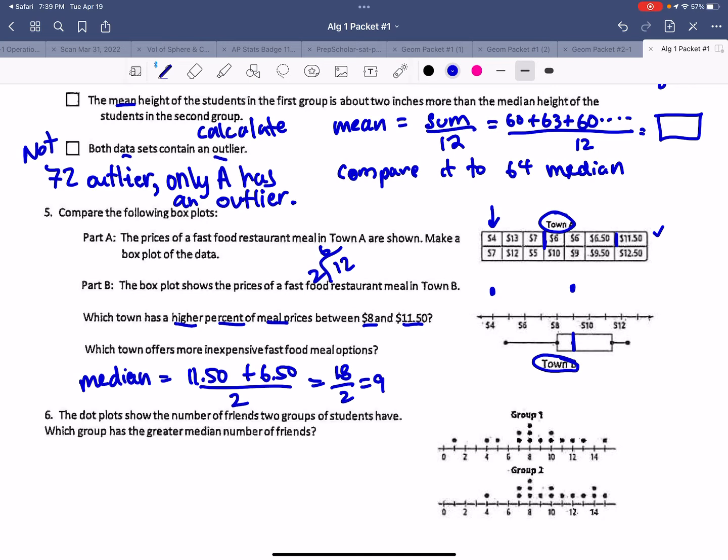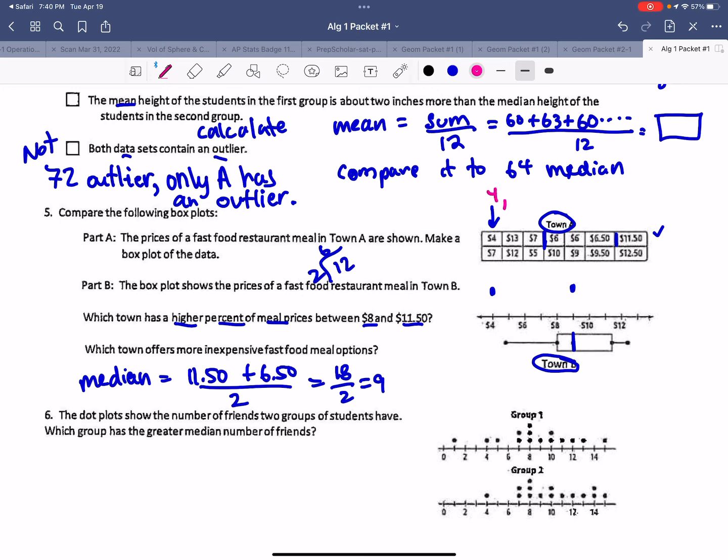So what's the middle of the bottom? Oh, they made this a little harder for us. This is kind of mean. We have to put these in order least to greatest.